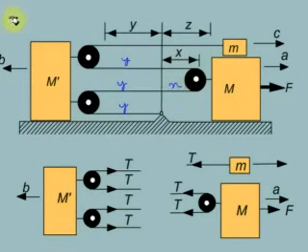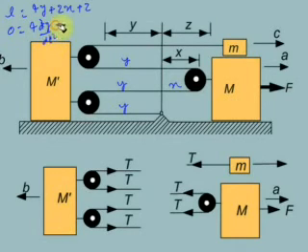So the total thread length L is 4y plus 2x plus z. Now if we double differentiate this equation, we will get 0 is equal to 4 into d square y by dt square plus 2 d square x by dt square plus d square z by dt square.